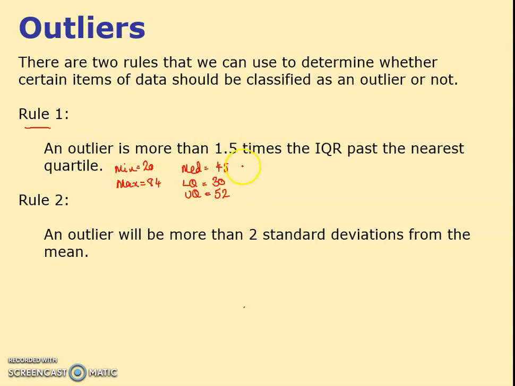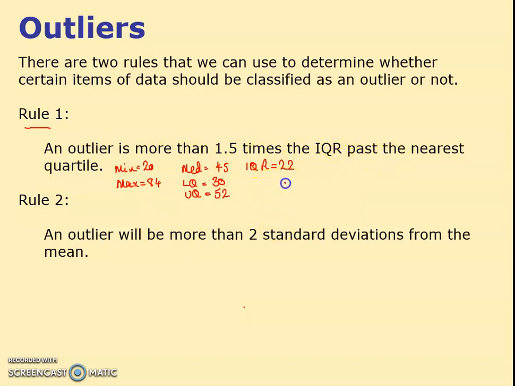And if I do this, obviously I can then calculate my interquartile range. My interquartile range is actually just these numbers, one take away the other. So 52 take away 30, I reckon there's 22. Now, let's see what it says. It says an outlier is more than 1.5 times the interquartile range past the nearest quartile.